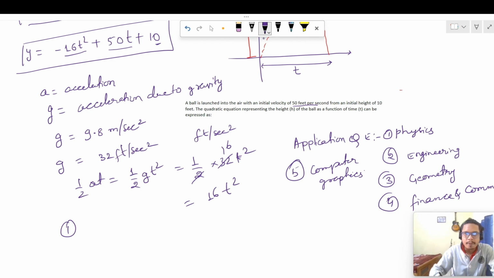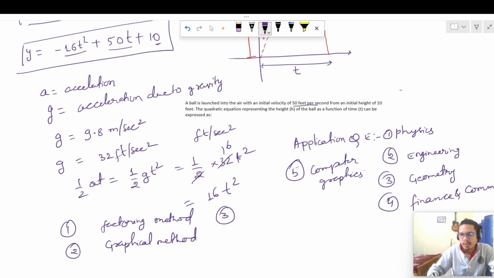One is the factoring method. Second one is the graphical method. Third one is the completing the square method. And the most used one is the formula method.